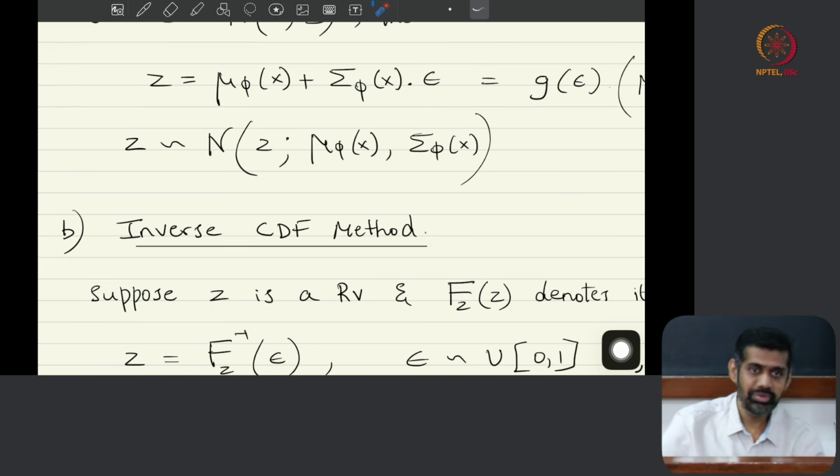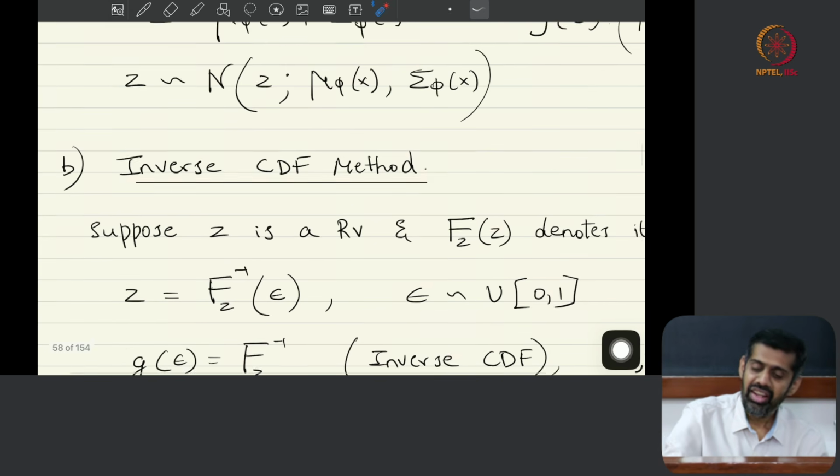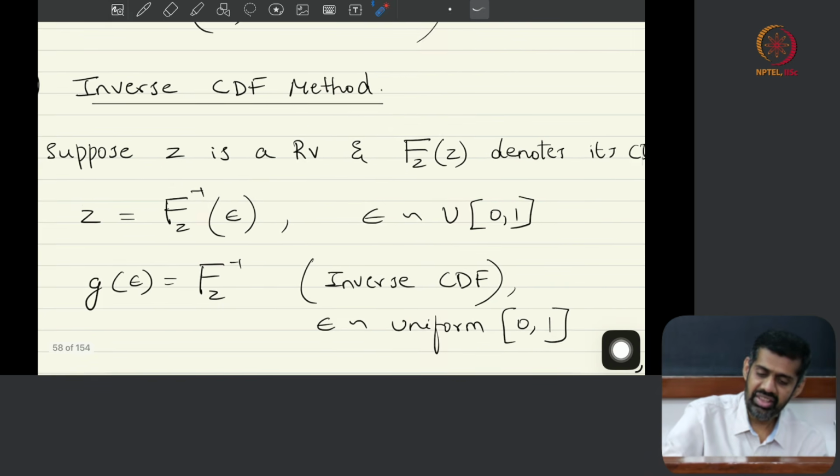Now you can prove it, actually take it as a homework and do it. Take any random variable, take its distribution function. Now treat it as another random variable and find what the distribution function of the distribution function as a random variable is, and it turns out to be uniform. Okay. Now we can use this result to reparameterize. How? Now suppose z is a random variable and F_Z of z denotes its CDF.